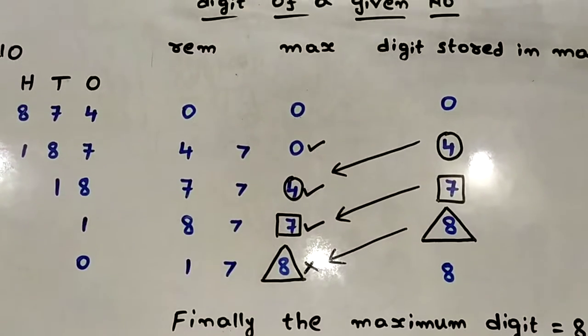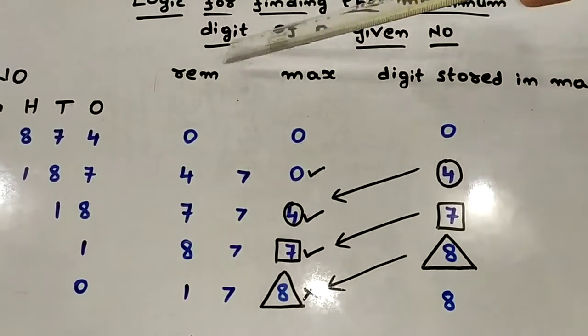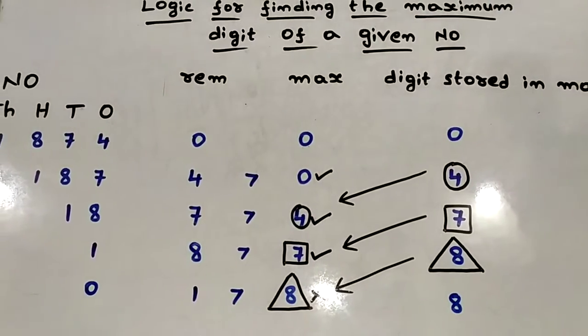This is the logic for finding the maximum digit of a given number.